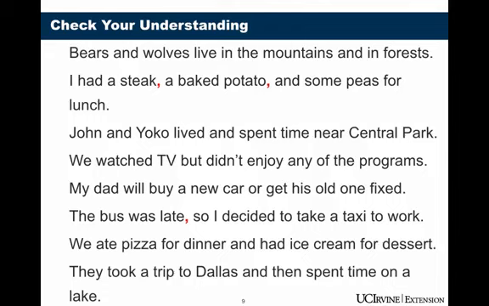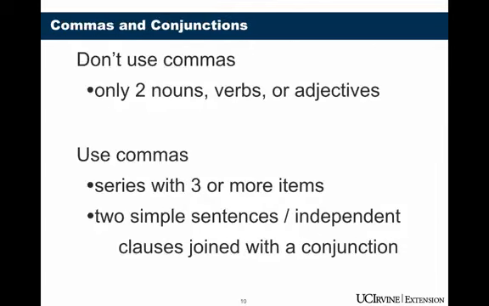The last 2 sentences also do not have commas. Did you get tricked on the last sentence? After the conjunction and, we had then, but then is not a subject, so you should not put a comma there.